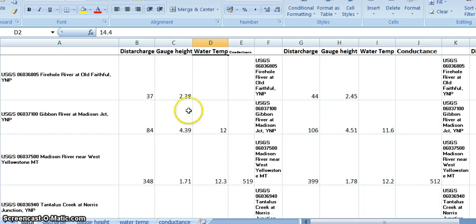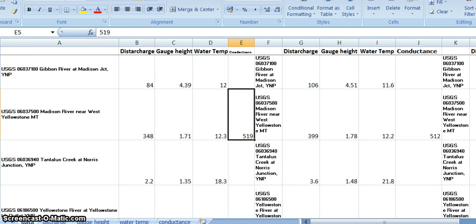Others may not, like this one here, Firehole River by the Old Faithful Geyser. It only records discharge and gauge height. And then this one here, the Madison River near West Yellowstone, records discharge, gauge height, water temperature, and also conductance.